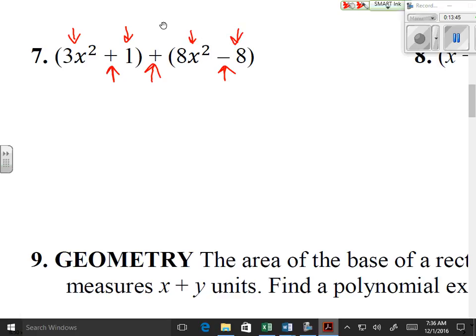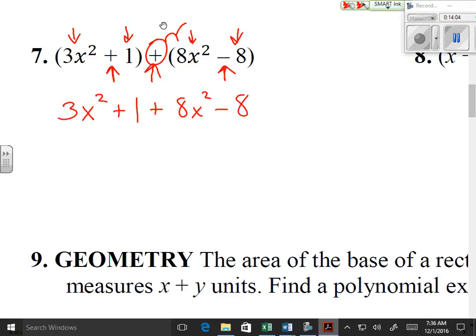Now since this is a plus, I don't have to distribute anything. It's just a plus 1. It's not going to affect anything. So basically, I can again drop the parentheses off and then collect like terms. This is totally different than what we've been doing.